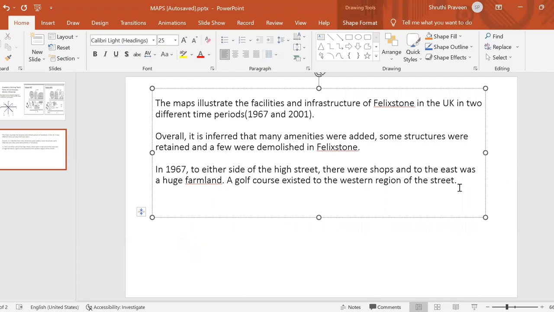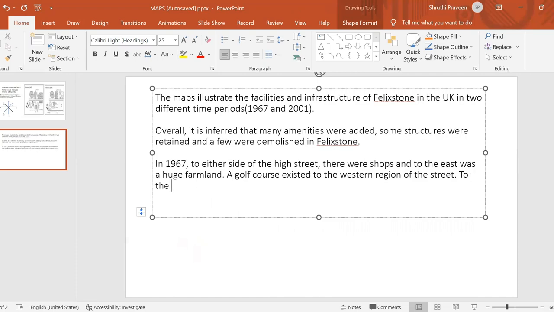So I'm going to mention that to the opposite side of the high street, a hotel and a cafe used to. Now I've already written exist and it was there. So now I'm going to write used to function.